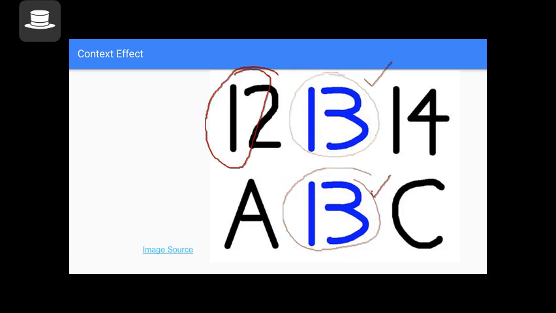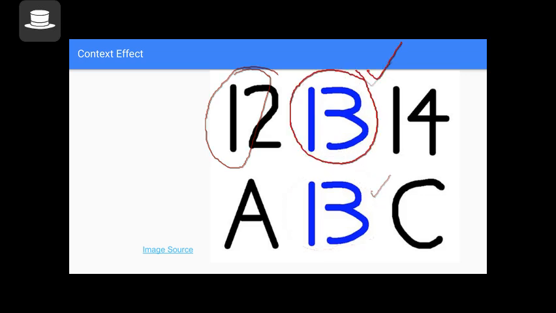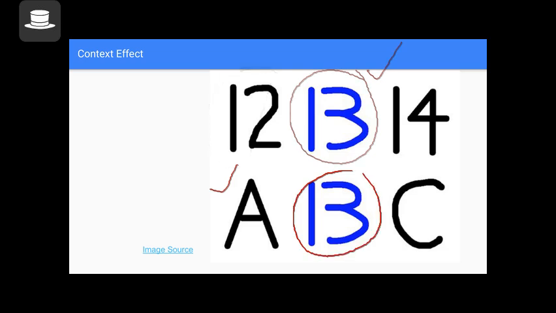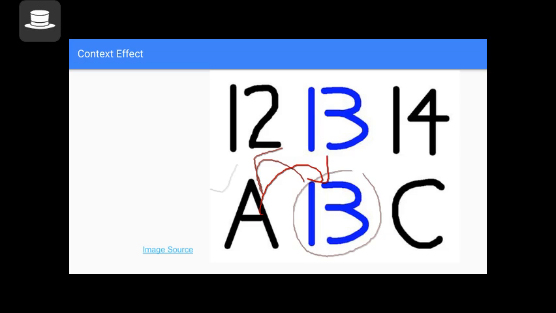So if you had processed numbers and you were shown this, you are more likely to say it's the number 13. If you had processed alphabets and then you were shown the same image, you're more likely to say it's B. In other words, what you have processed or responded to, the later stages, would influence your earlier stages of encoding this information, which is nothing but context effect.